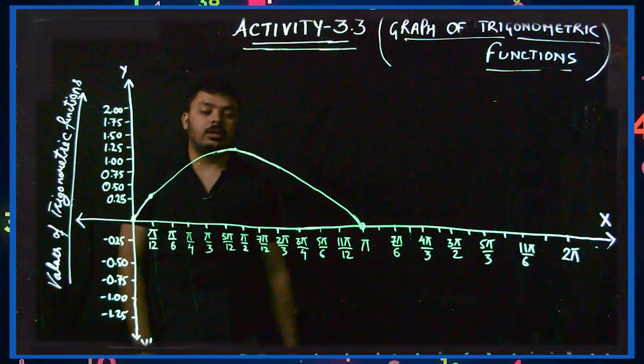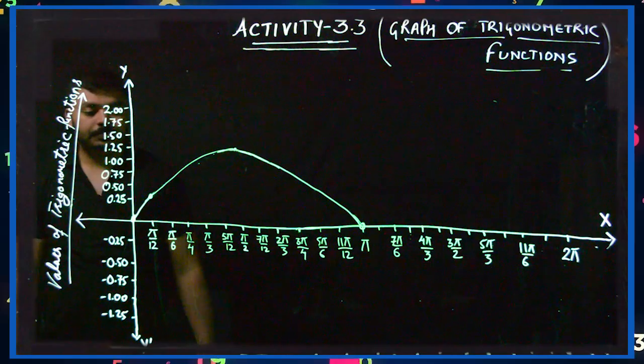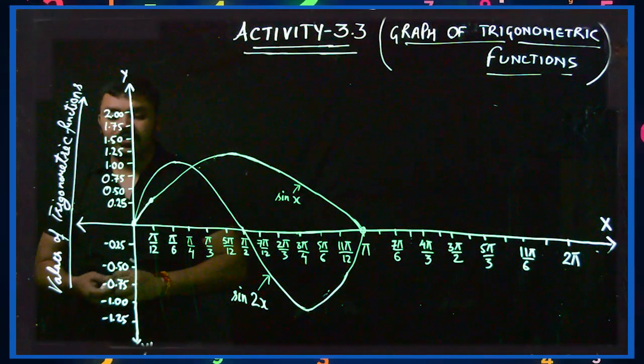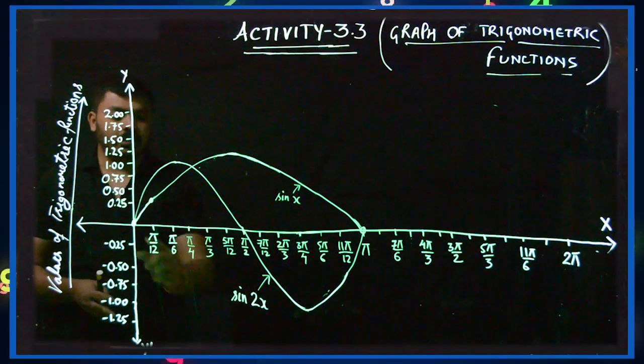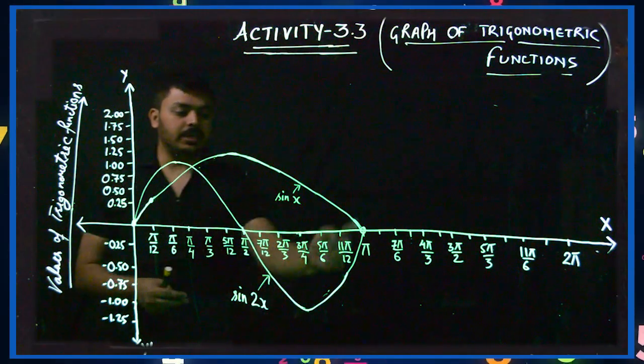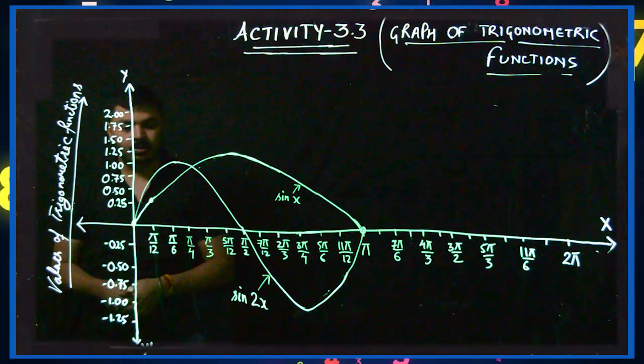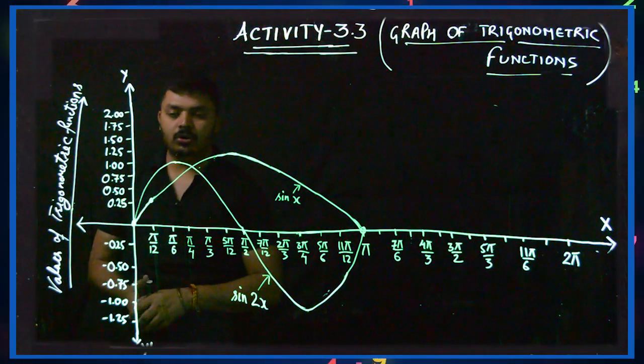Now let's plot the curve for sin 2x. So students, in the similar way as we have plotted sin x, we plot the points for sin 2x and the curve obtained is given here. Similarly, now we'll plot the curve for 2 sin x.